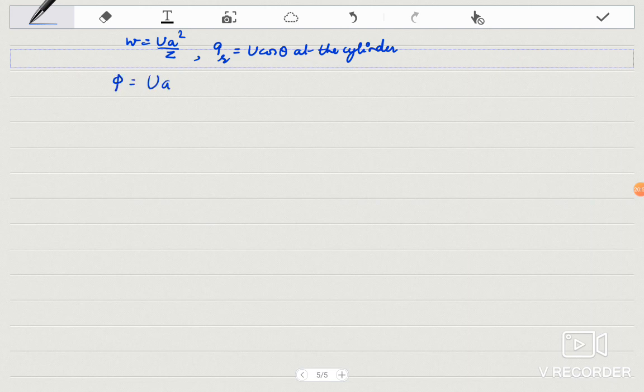Phi was u a square upon r cos theta, and psi was minus u a square upon r sin theta. So with the help of phi or psi, you can very well calculate your Q theta. What is Q_R? Q_R is the radial component of velocity, and what is Q theta? It is the transverse component of velocity.